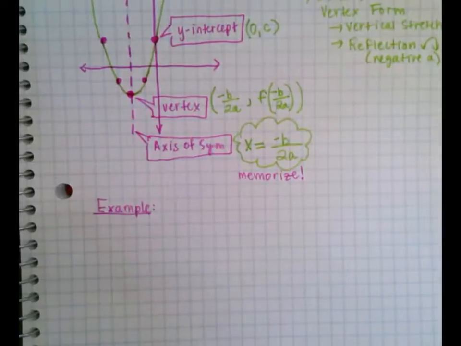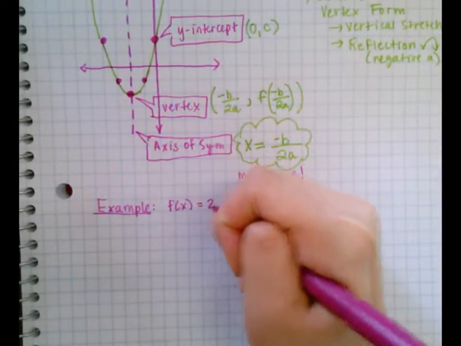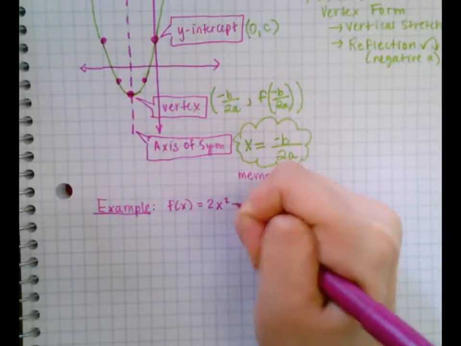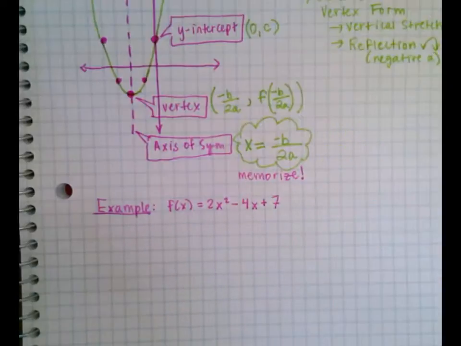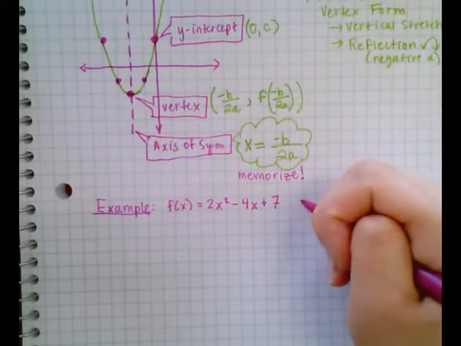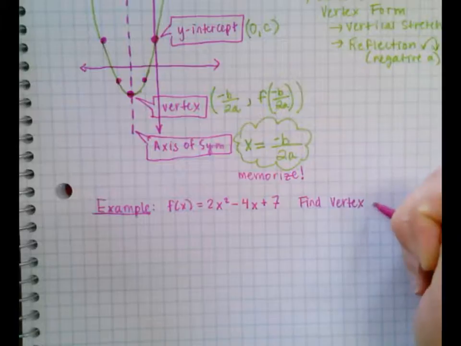Okay, so I'm going to scoot this up a little bit to do an example. All we're doing here is we're given a function, f of x equals 2x squared minus 4x plus 7. What we're going to do is find the vertex and the axis of symmetry.